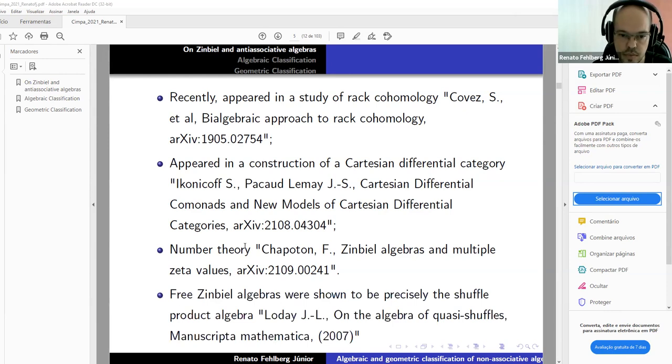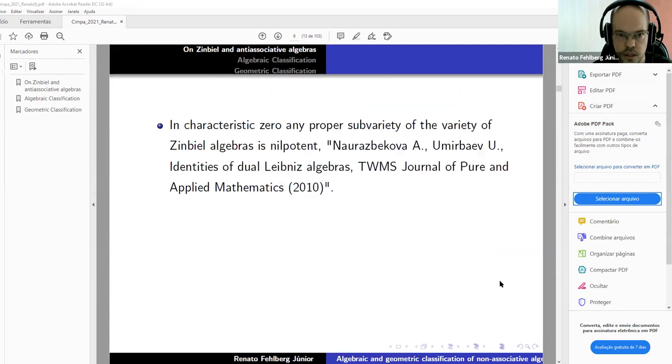And in this paper by Loday, the free Zinbiel algebras were shown to be precisely the shuffle product algebra. In characteristic 0, any proper subvariety of a variety of Zinbiel algebras is nilpotent.